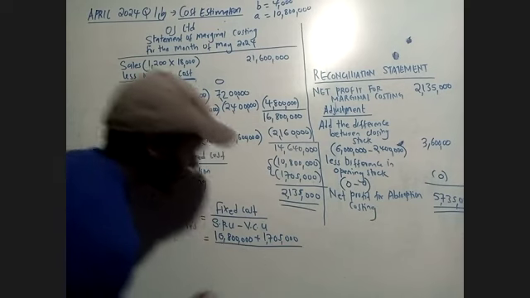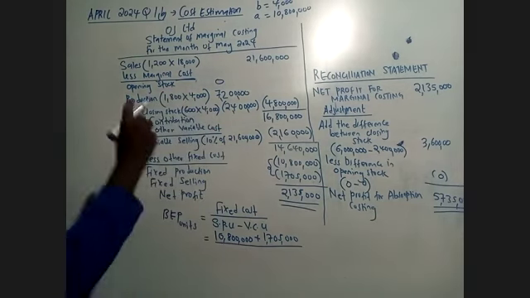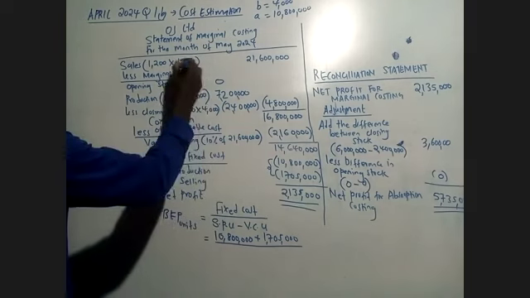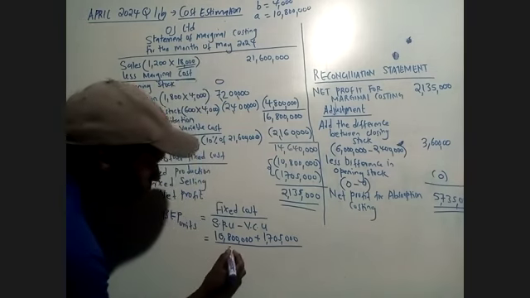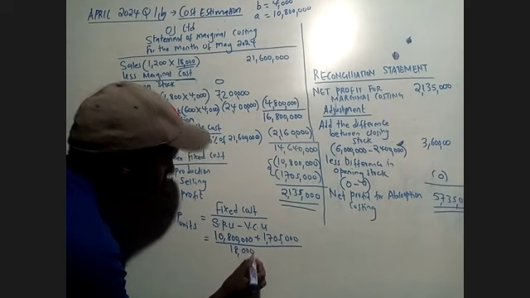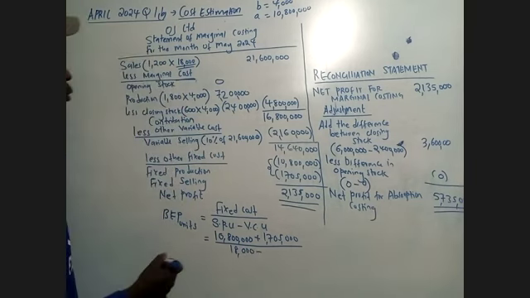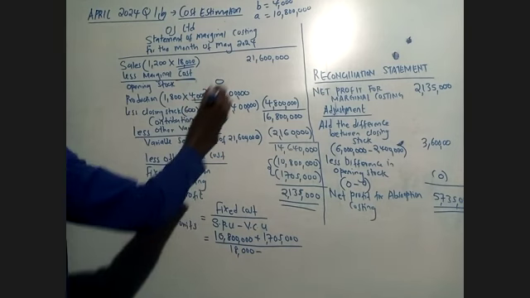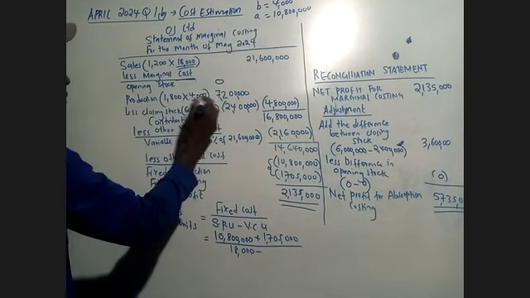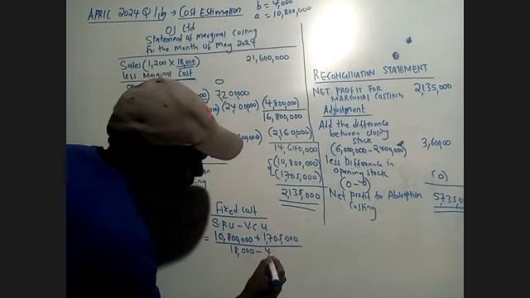We divide it with selling price per unit, ndio hii hapa 18,000. We are supposed to less variable cost per unit. What's our variable cost per unit? Ndio hii hapa. Tulipata pale B, ndio hii, which is 4,000.